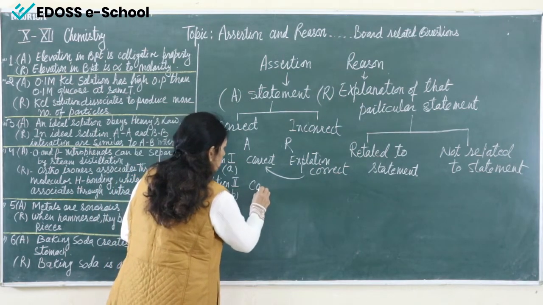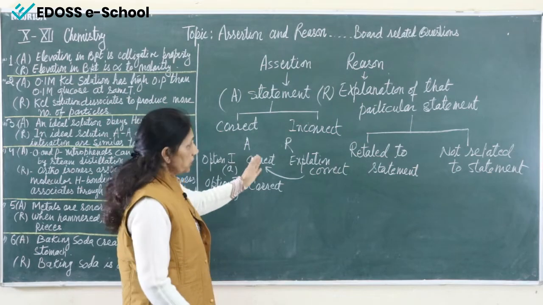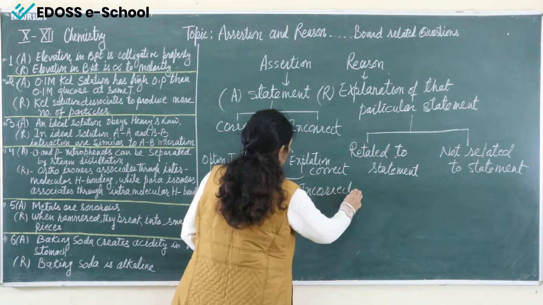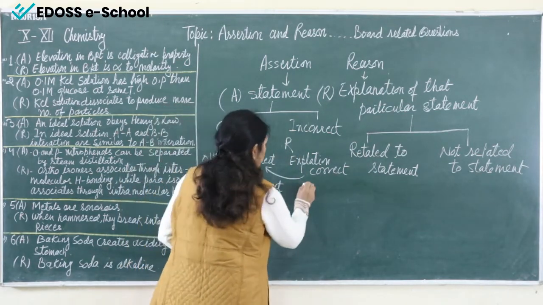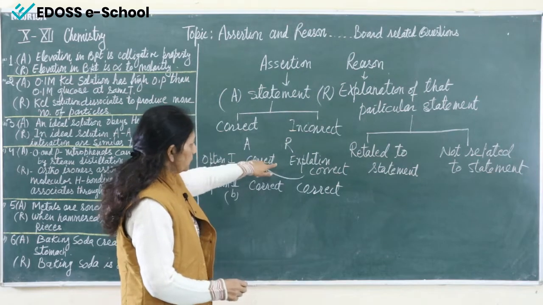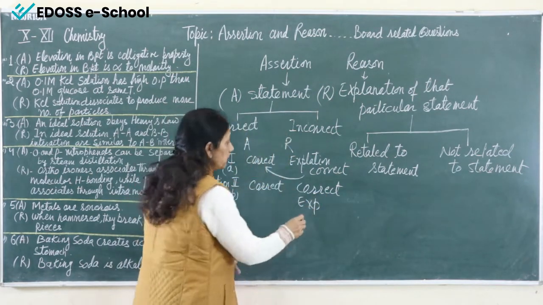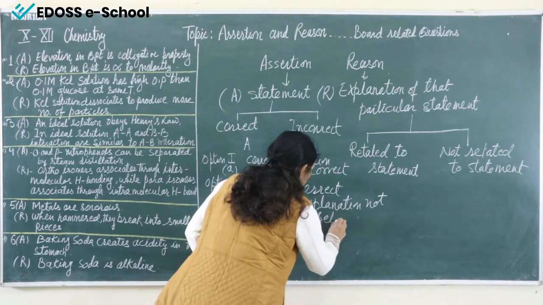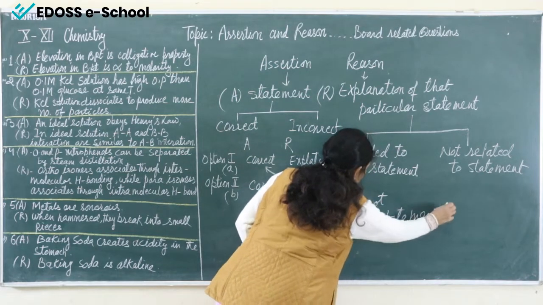The statement can be correct and the reason can also be correct, but the explanation is not related to the statement.